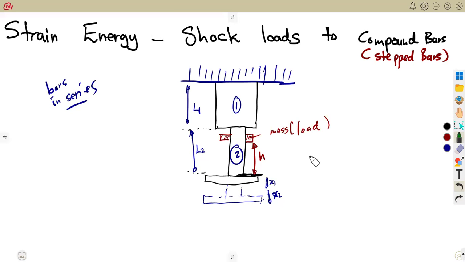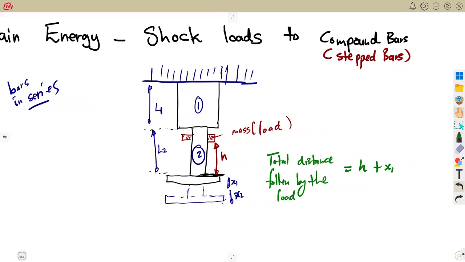Nothing has changed. Therefore, the total distance fallen by the load, which is our mass, will be equal to H plus x1, the first extension, plus the second extension.